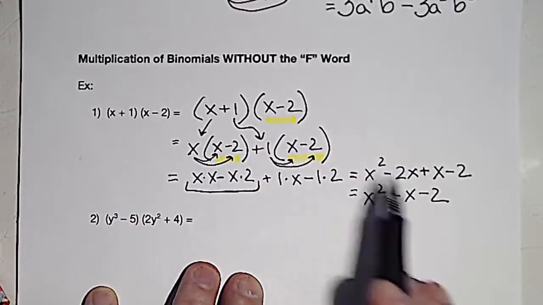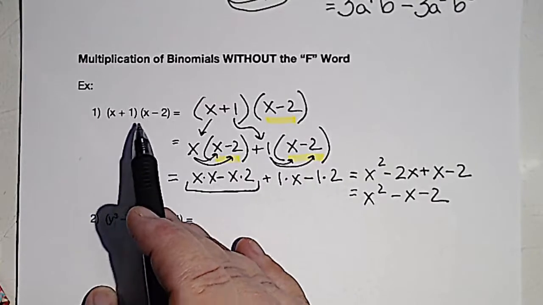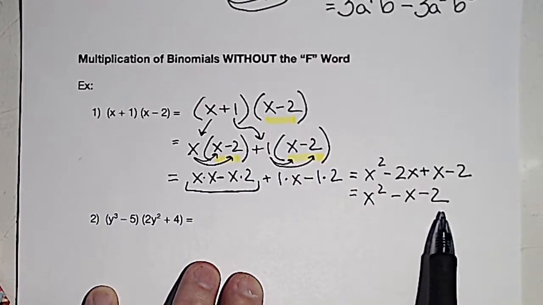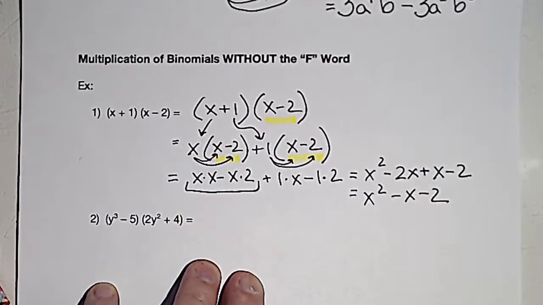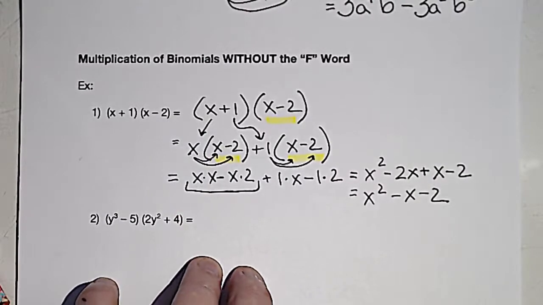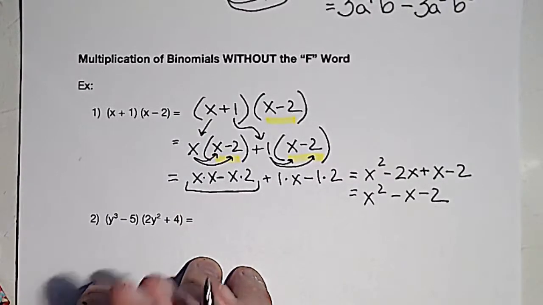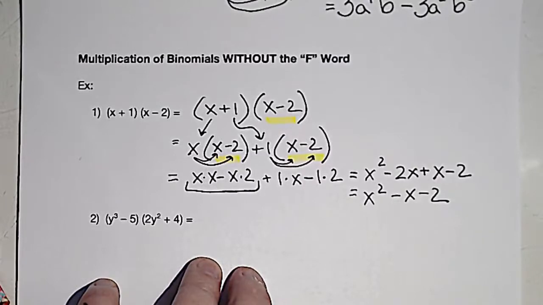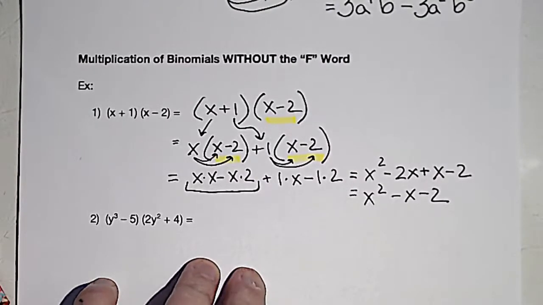So in other words, could you go backwards? When we go forwards, we're multiplying. When we go backwards, it's something called factoring, which we're going to be doing in the next chapter. So the question is, can you anticipate that and start thinking about that? So if this is kind of, like, oh, you've already got this and it's a little bit boring, great. Start thinking about the other direction.